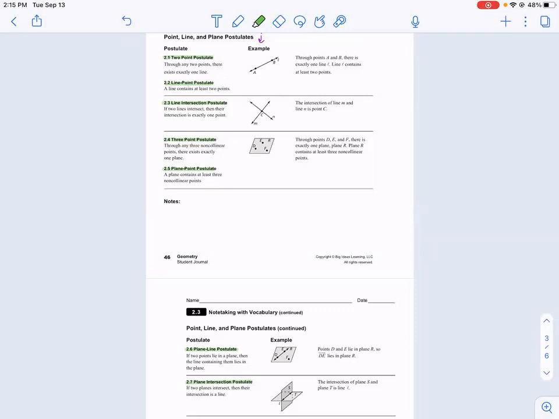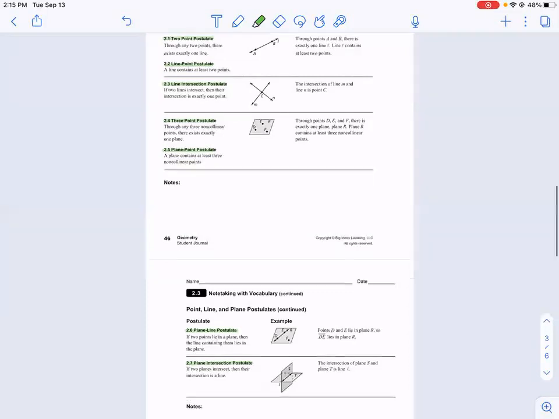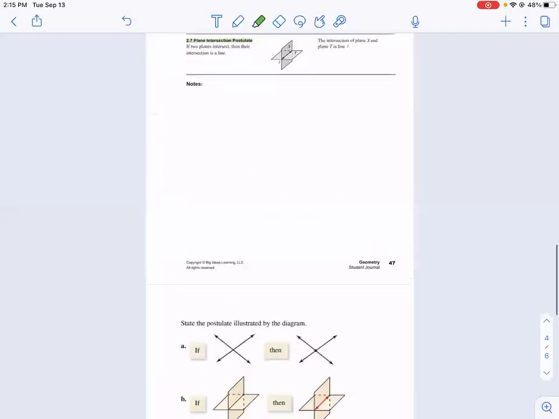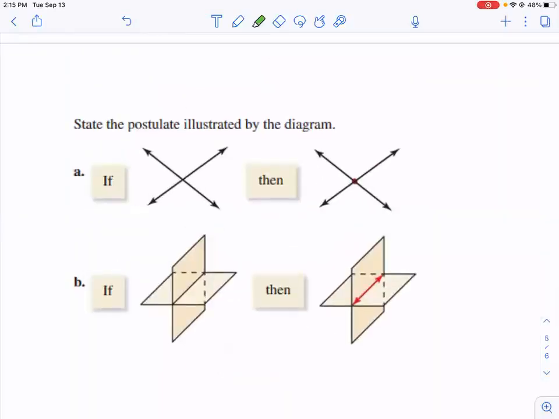All right, so I want you to look at these first two examples. Okay, and you have your student journal open. Look at number 1A and B, and I want you to decide which postulate this is. Write it down.